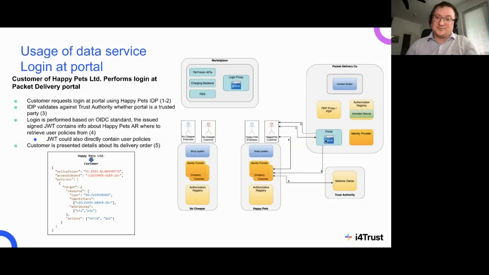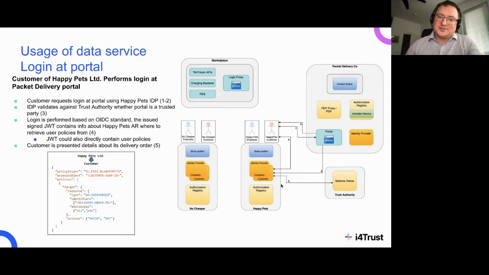So the portal will verify whether the Happy Pets organization is a trusted party, and the IDP will ask the trust authority whether the portal application or the Packet Delivery company is a trusted party, and then login is performed based on the OpenID Connect standard.